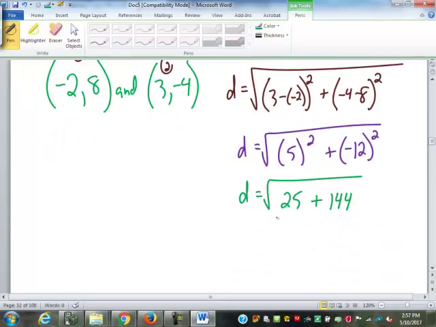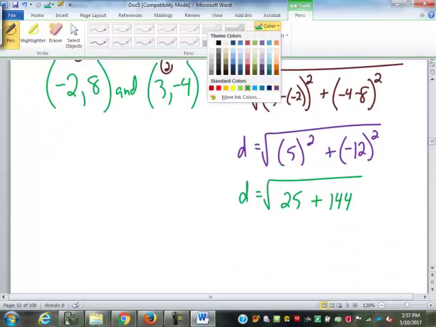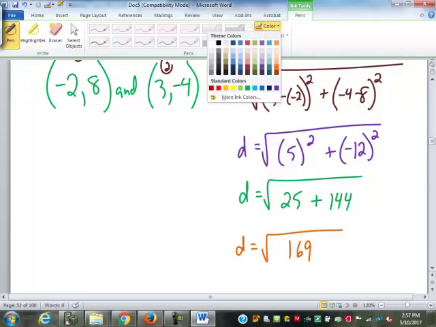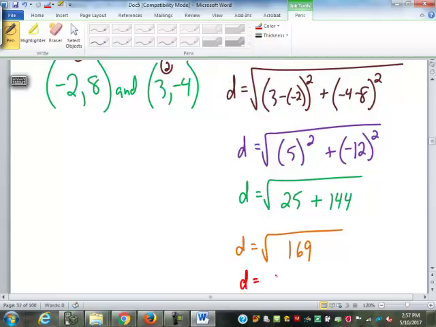So we get a positive 144. Now we have to add those. 25 and 144 is 169. And finally, we take the square root. 13. Distance is 13. So those 2 points are 13 units apart.